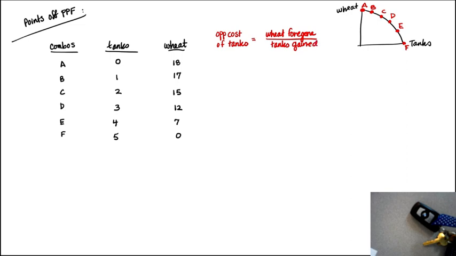Now guys, does this kind of sound like marginal analysis? It is, because it's really change in wheat over change in tanks, right? All we're doing is calculating a what? What is that the equation for? Delta W, delta T. What does that look like from high school?